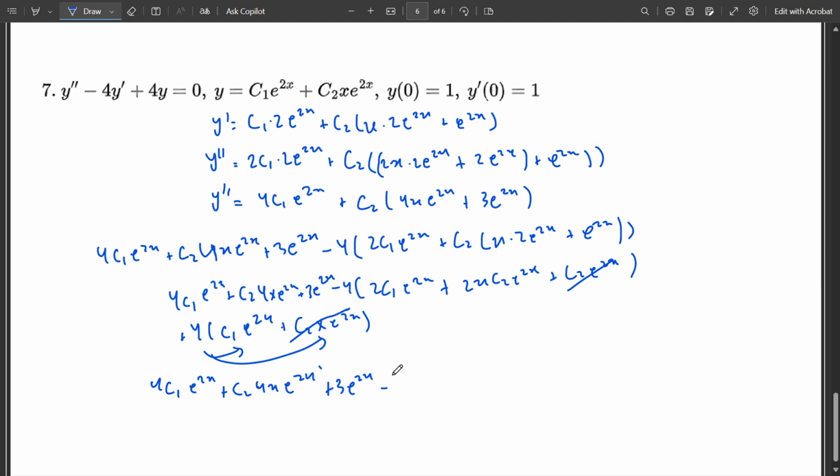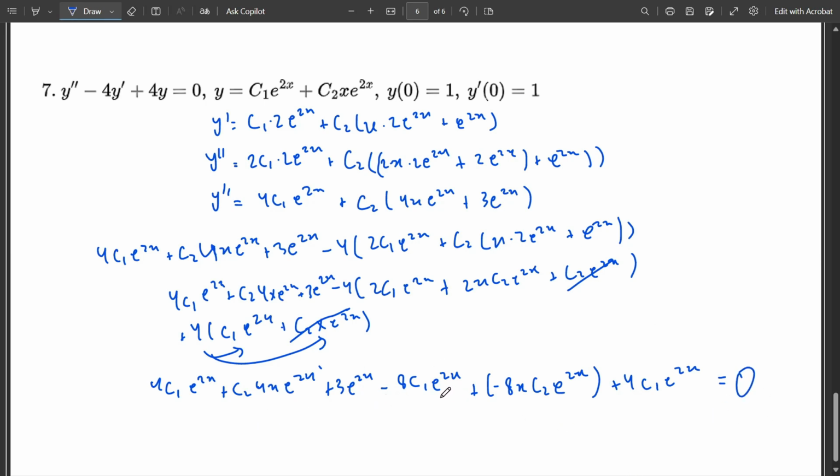So 4 times 8c1 e to the 2x, okay, plus negative 8x c2 e to the 2x, and we have plus 4 times c1 e to the 2x, and that equals 0.